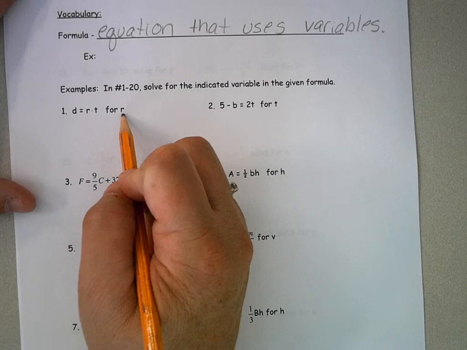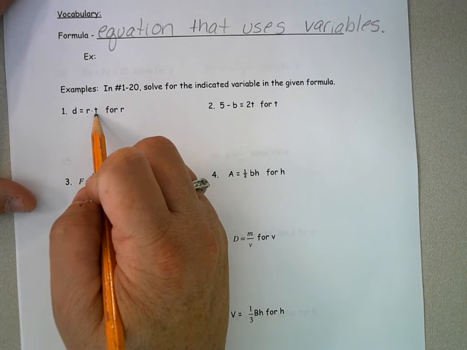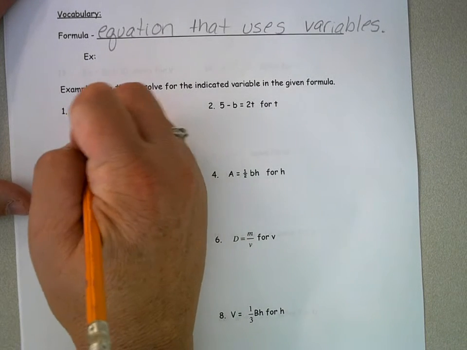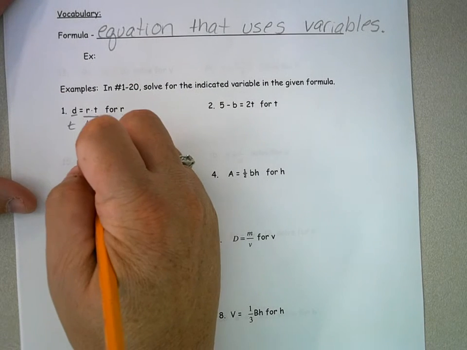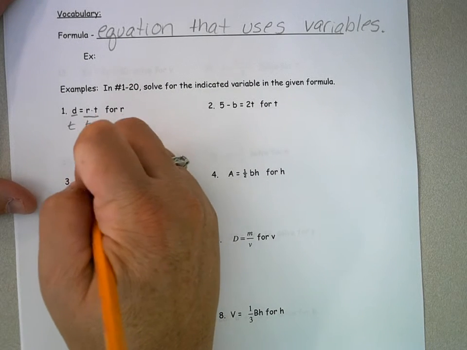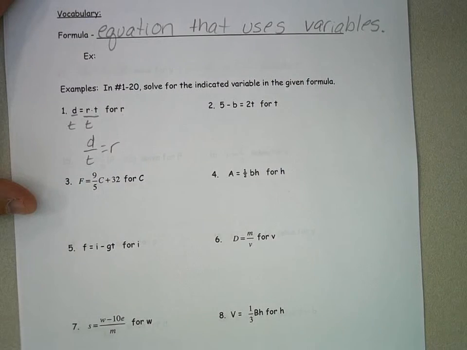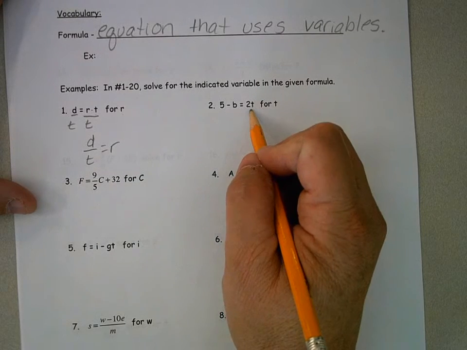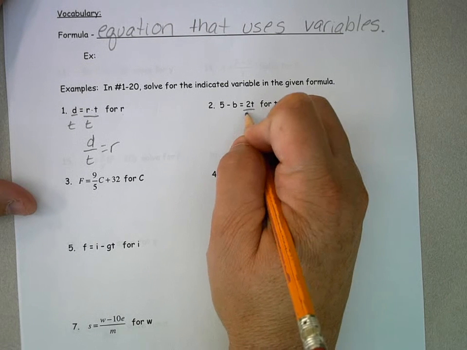Right here we're trying to solve for R, so we need to get rid of that T. That T is multiplied, so we divide both sides by T. And you end up with D over T equals R. Number 2, we're trying to get the T by itself, and there's a 2 in front of that.